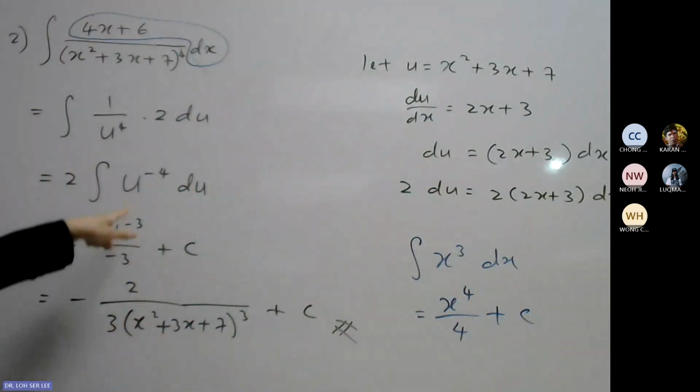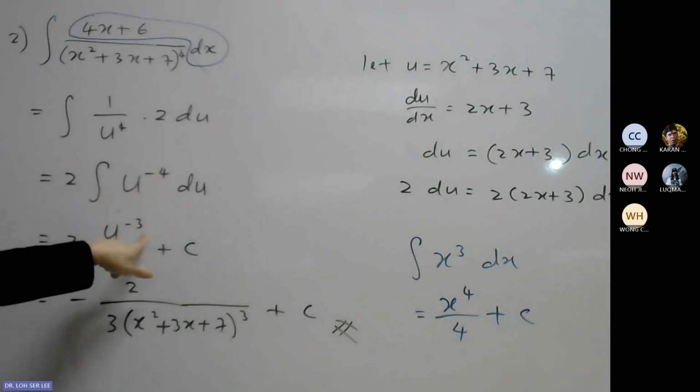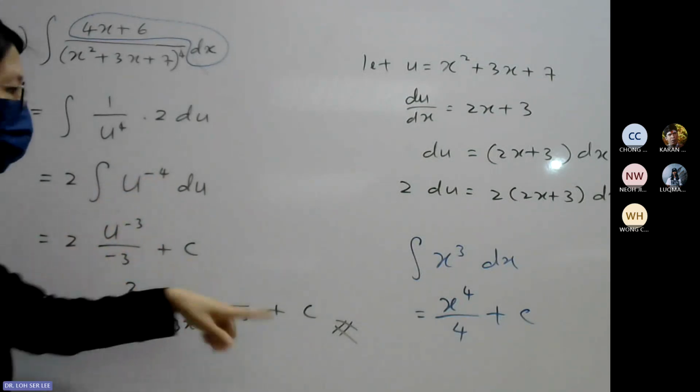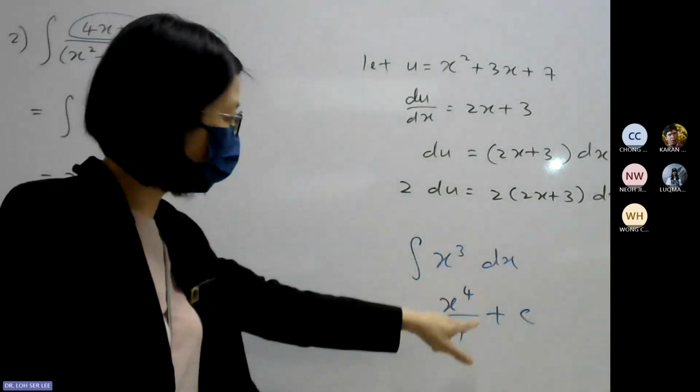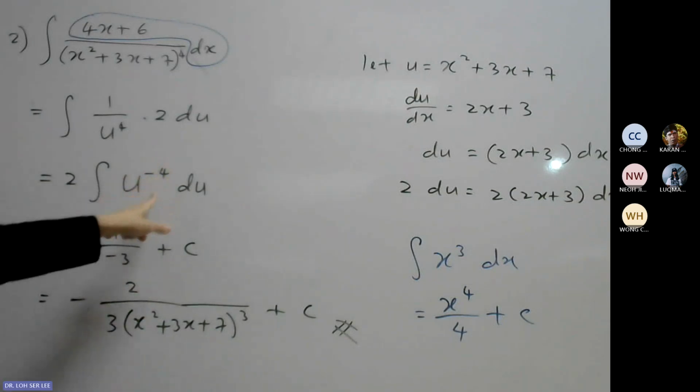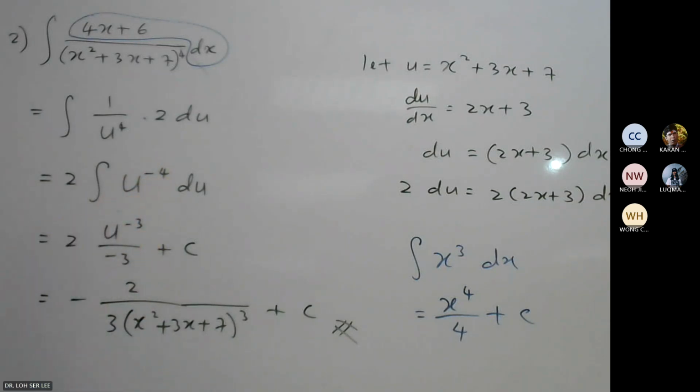This is also the same. Power plus 1, you get negative 3. Then you divide by the new power at the bottom. After you plus 1, you divide it by the new power at the bottom. So this one plus 1, you get negative 3. Any more questions?